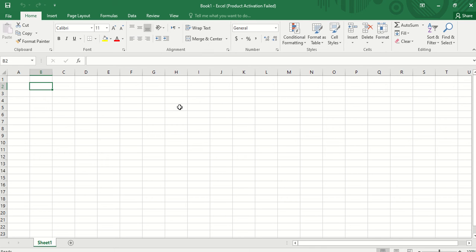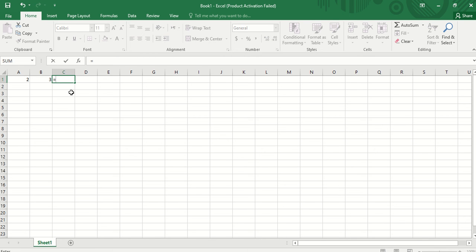So let's start. First I take two numbers. Suppose in A1 I write 2, in B1 I write 3. Now I have to add these two numbers. In Excel, when you use any formula, you use the equal to sign. You write is equal to.